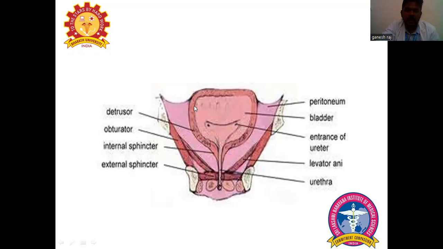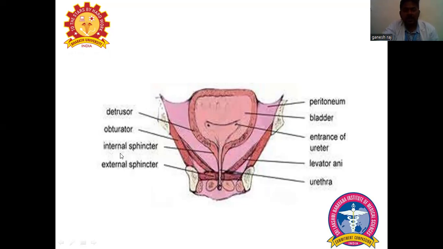The body of the bladder has a muscle called the detrusor. You have to know that the detrusor muscle is a smooth muscle. In the neck of the bladder, we have a sphincter called the internal urethral sphincter, which prevents urine from flowing from the bladder into the urethra.